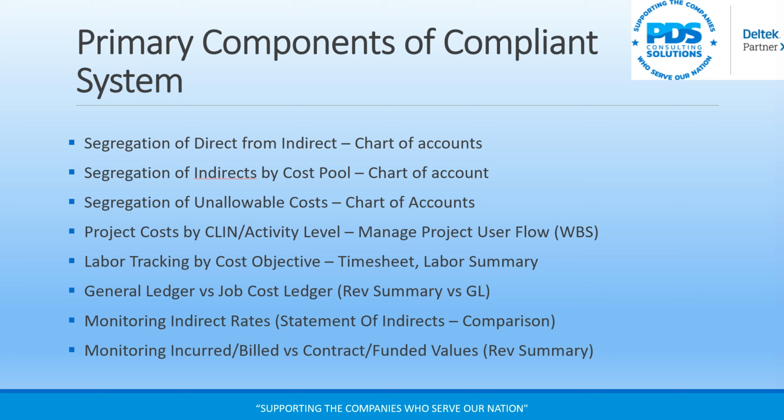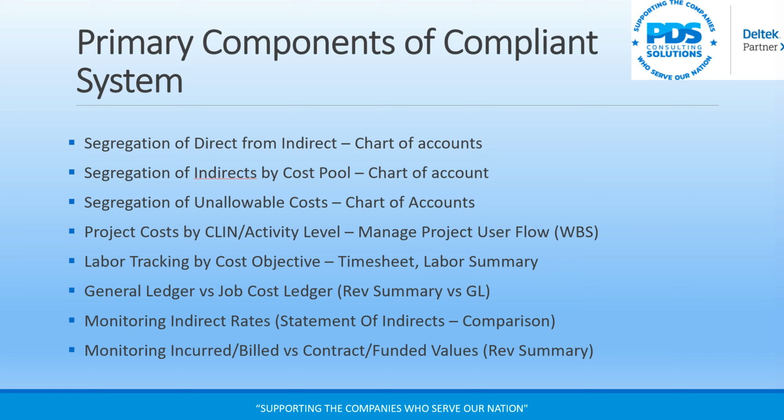So in your core chart of accounts in your accounting system, specifically in Costpoint, as we're going through the process, we design a schema that segregates between direct cost and indirect cost, starting out, obviously, with your balance sheet and your P&L accounts. But within the P&L, that section will delineate direct cost from indirect cost.